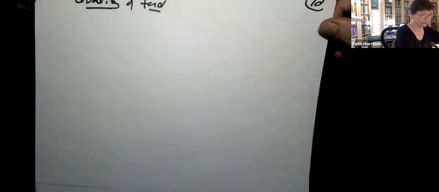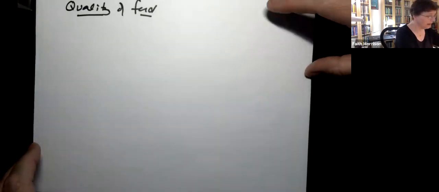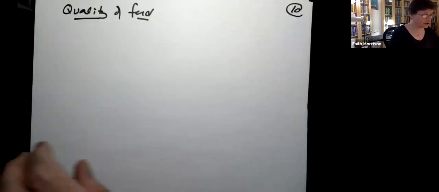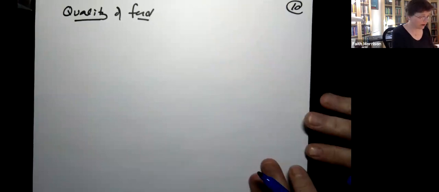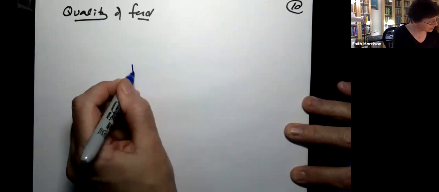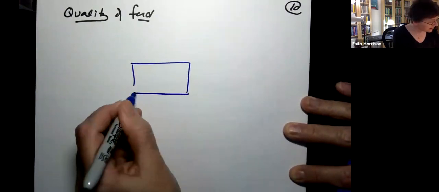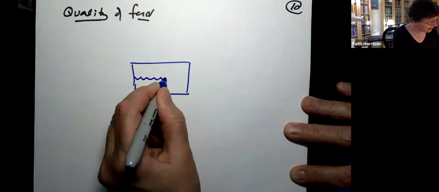So what is quality? When we actually build and operate a distillation column, we have to know what's going on with the feed. So there's going to be some unit inside the column that is the feed tray.